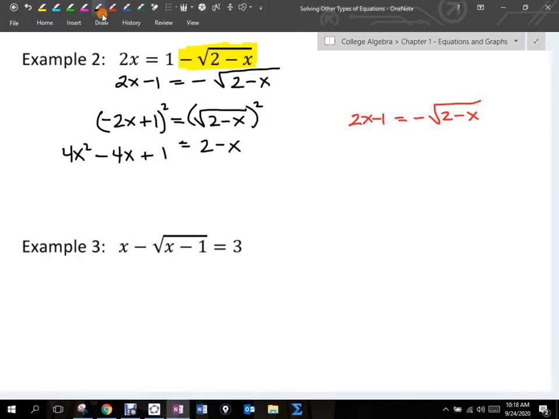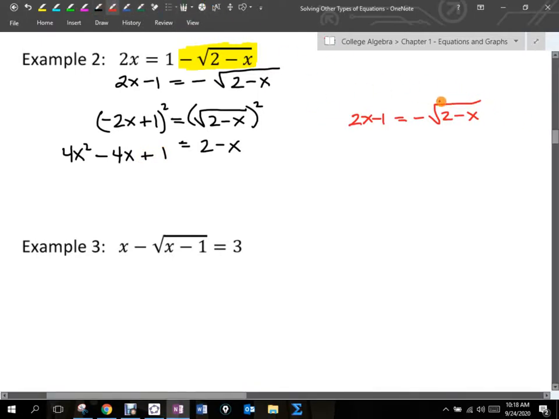If I do this one in red, where I didn't move the negative over, if I square here, remember what's happening. If I have ab squared as my law of exponents, that becomes a squared b squared. In this case, my a is a negative 1, and my b is root 2 minus x. What's negative 1 squared? 1.